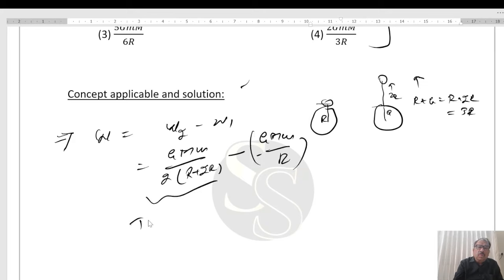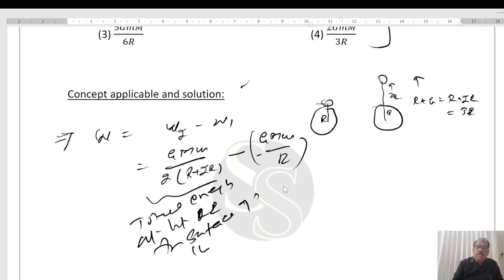This is the total energy at height 2R from the surface of the Earth, and this is the potential energy at the surface of the Earth, right?